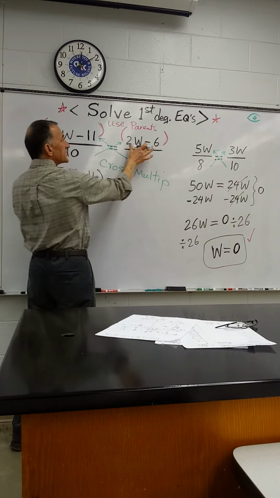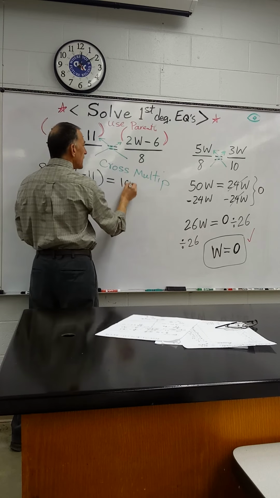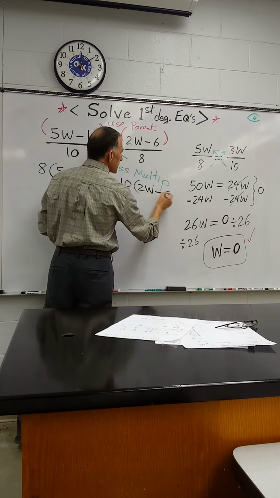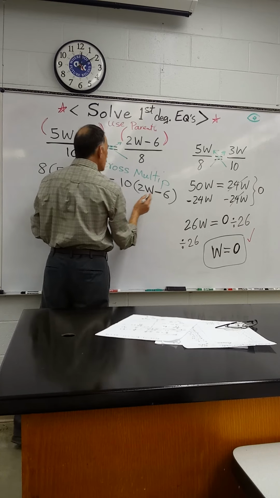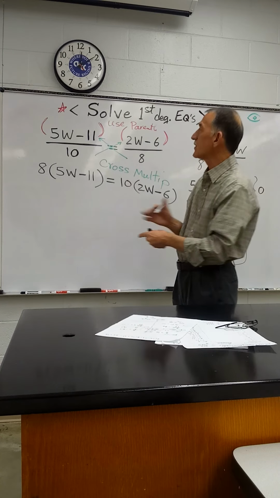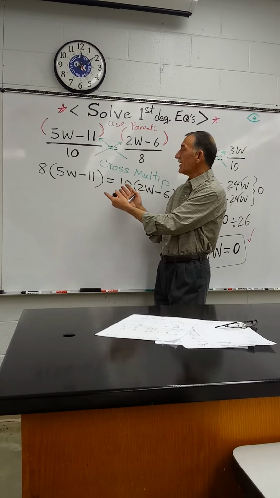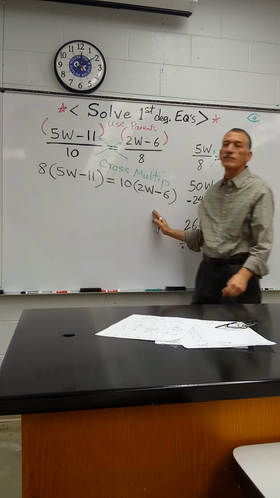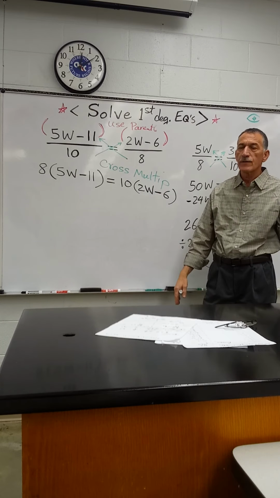Also use parentheses because it's two terms. So it's going to be 10 times 2w minus 6. And you close parentheses. So there is no more fraction. That's the whole point. Cross multiplication gets rid of the fraction, gets rid of the denominator, and that's the beauty of cross multiplication. So we cross multiply because you want to get rid of the denominator, no more fraction.